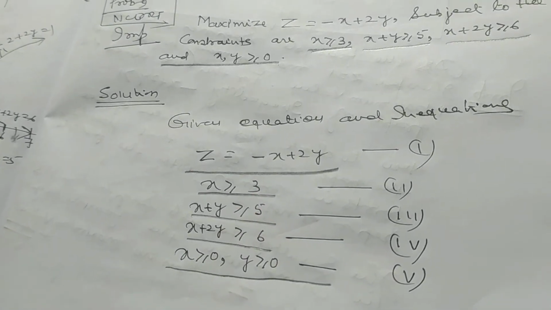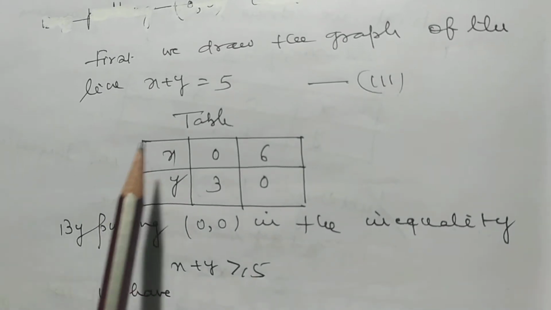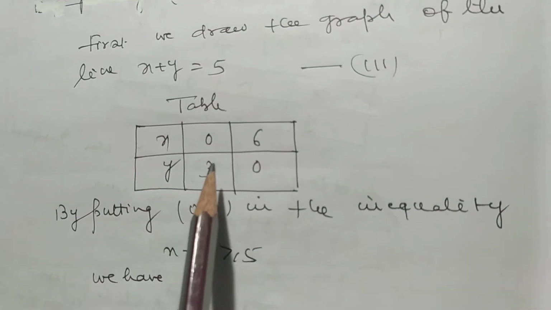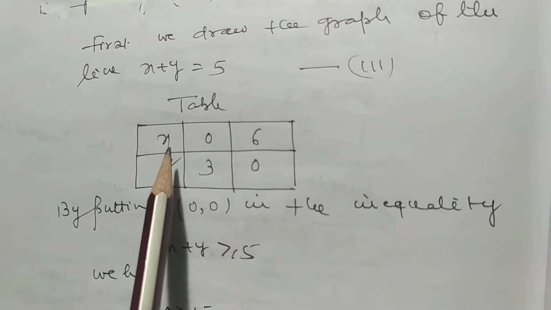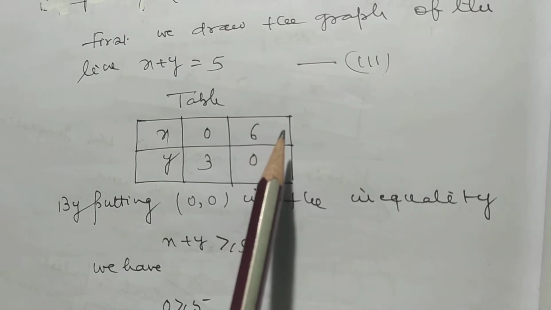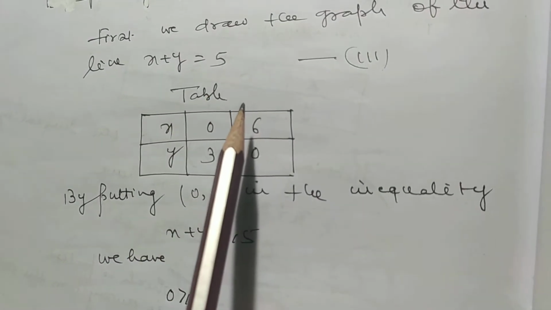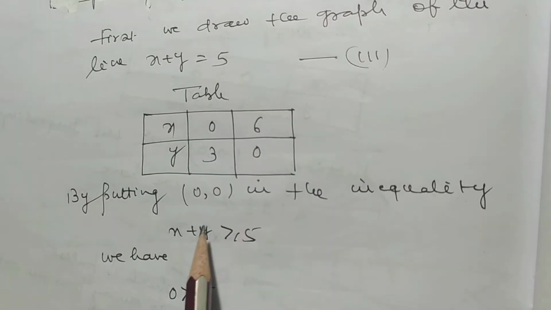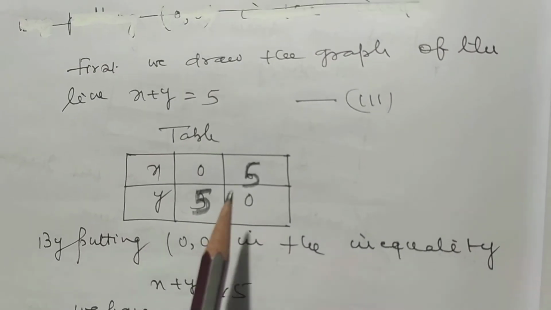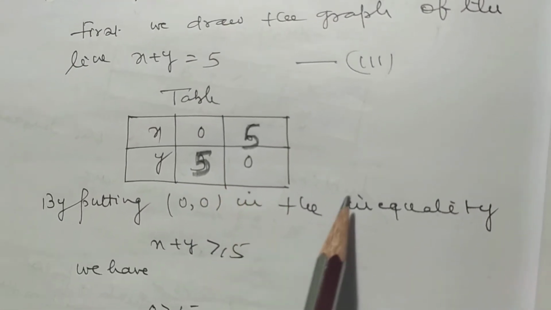Now my dear students, first we draw the graph of the line x plus y is equal to 5. We want to make a table, and by taking help of it, we will draw the graph.